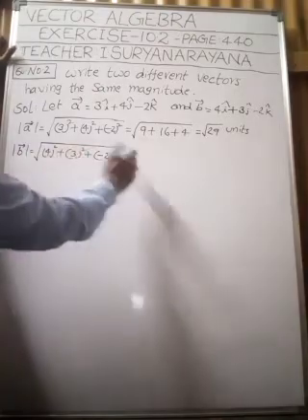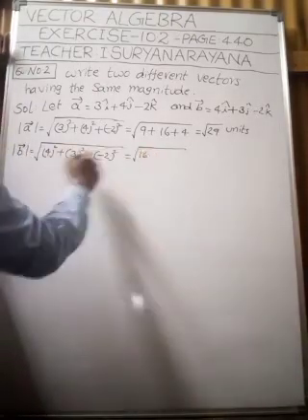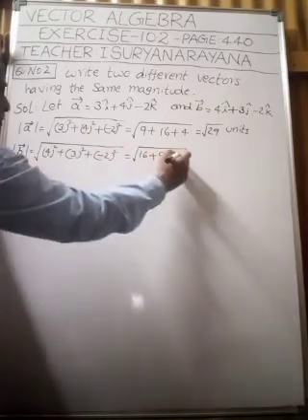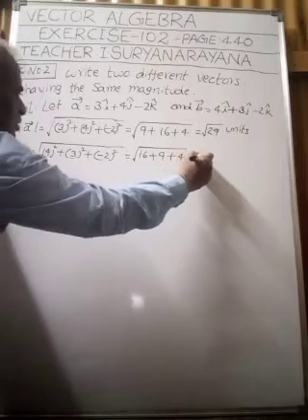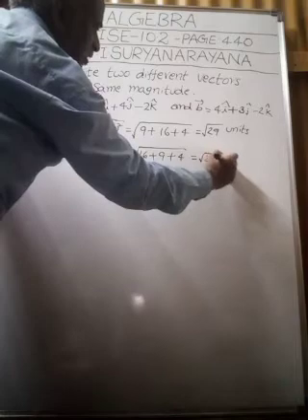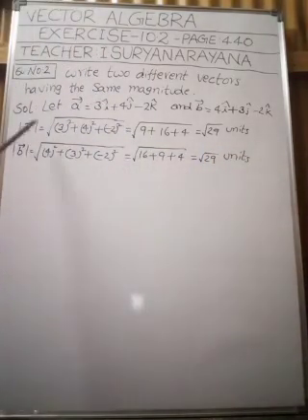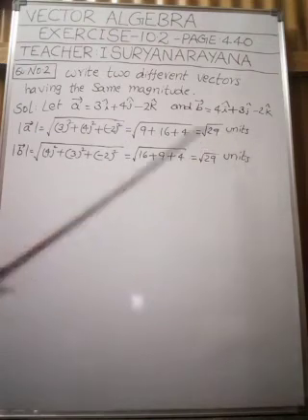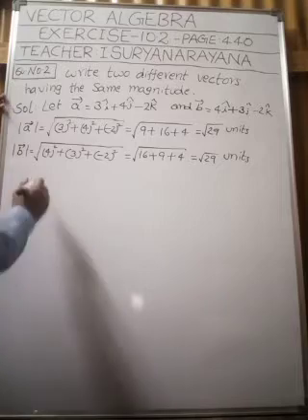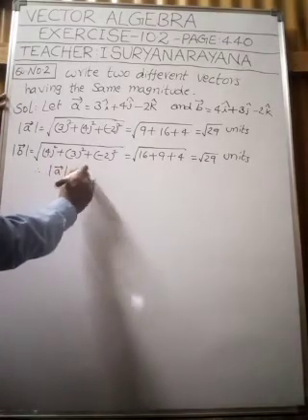This is equal to 4 square, 16, plus 3 square, 9, plus minus 2 whole square, 4. So that is equal to 29. Root 29 units. Yes or no, my children? So what is the magnitude of a bar? Root 29 units. What is the magnitude of b bar? Root 29 units. So therefore, modulus of a bar is equal to modulus of b bar.